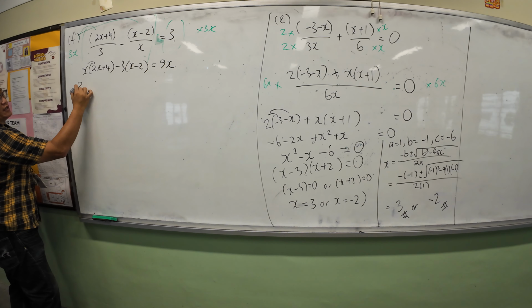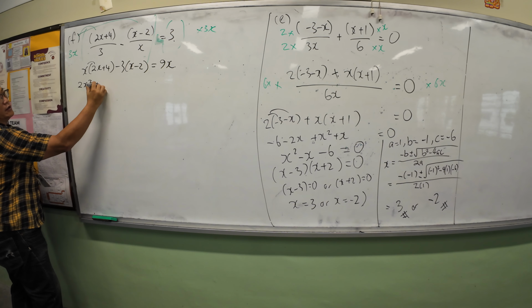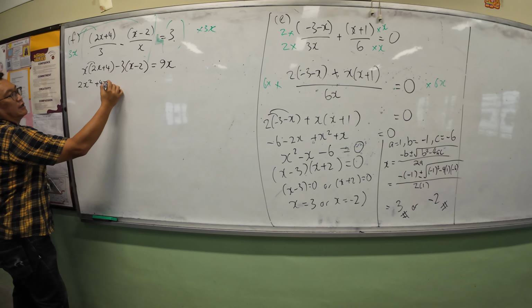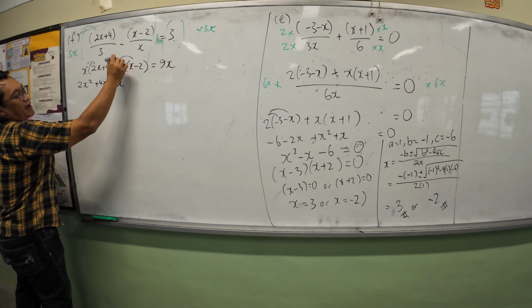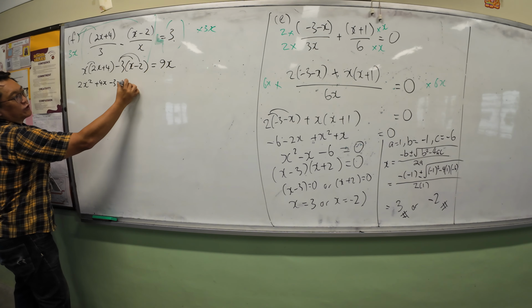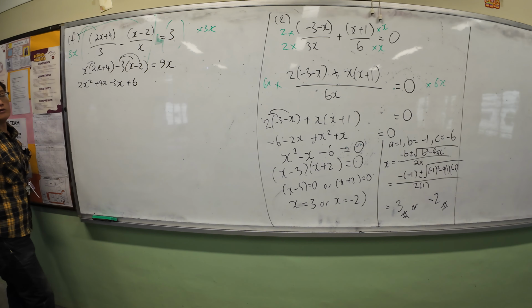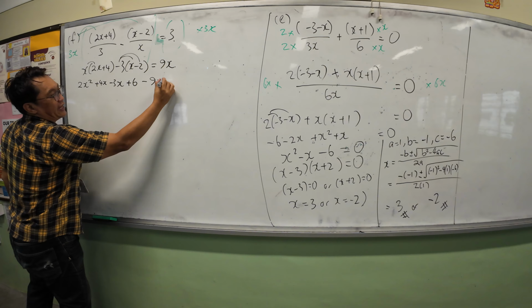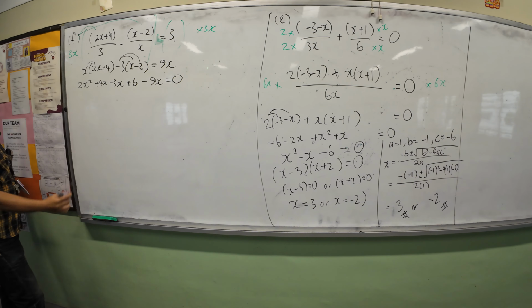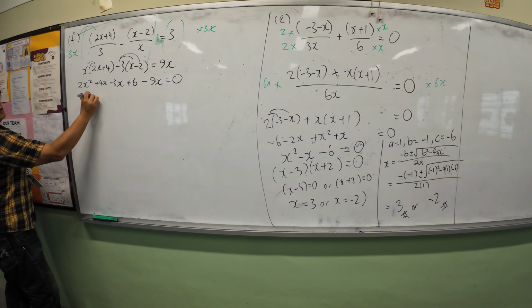If you understand it, 2x squared plus 4x. Minus 3 must give to x. Minus 3 must give to minus 2, so becomes plus 6. Okay? Bring my 9x to the left. Simplify.